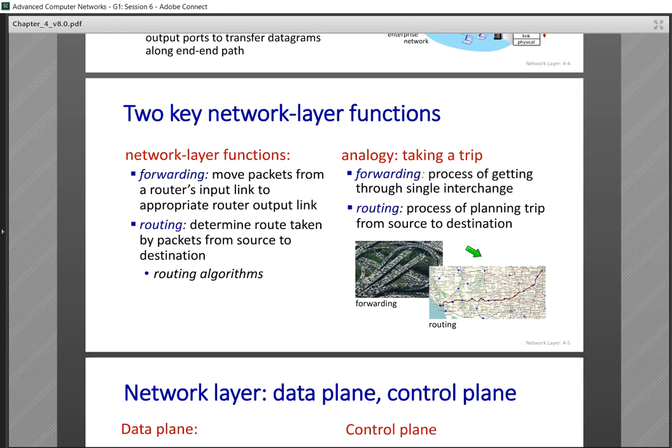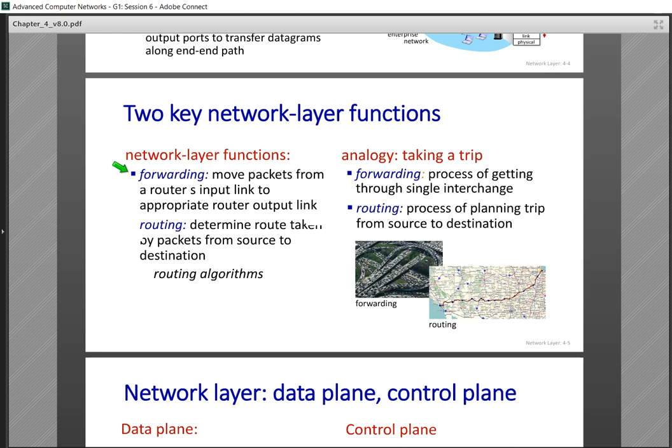So, as we said in chapter 1, the network layer has two basic functions. One of them is routing, finding a path from the source to destination. So we need routing algorithms. And the second one is forwarding.